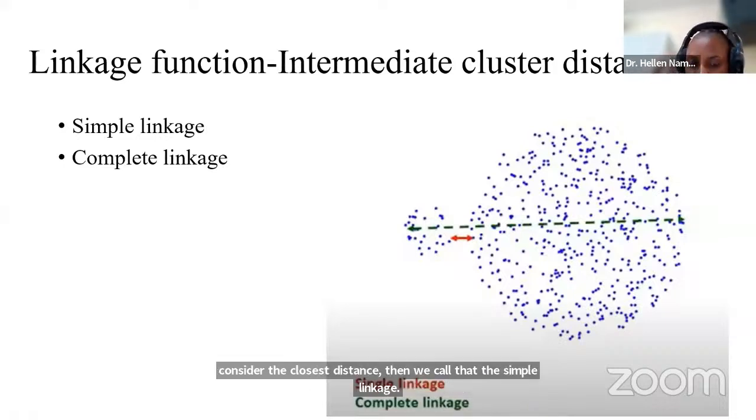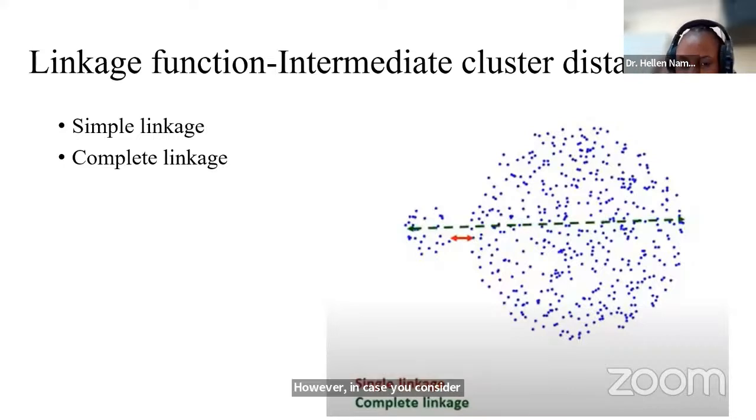However, in case you consider the farthest points between the 2 clusters, we call that the complete linkage. For example, in the green, assuming I've got my far point here, and the other farthest point within this big cluster is this particular point. So we'll refer to that as a complete linkage.